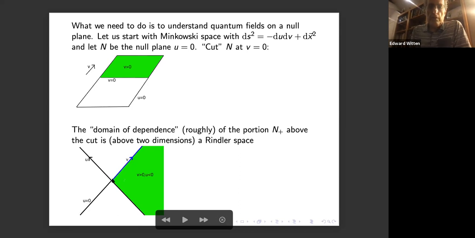I could have taken negative u and made this Rindler wedge drawn in green. I claim that anything in the Rindler wedge will have to pass through this green region by causality. If a particle is traveling slower than light, it can't escape passing through this null plane.